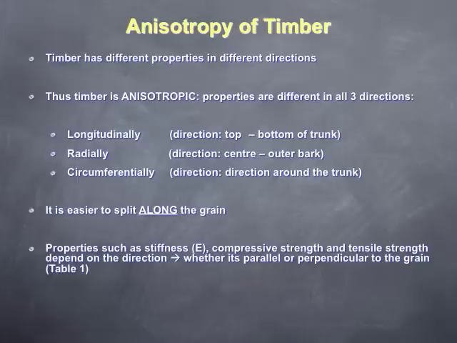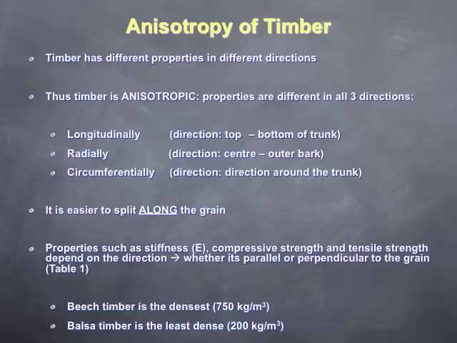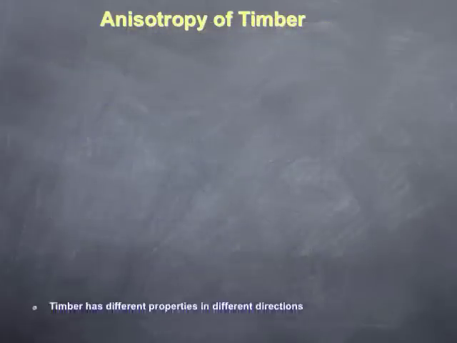So the properties such as stiffness, compressive strength, and tensile strength depend on the direction that we cut the timber, whether it's parallel or perpendicular to the grain. Now, as also shown on the table, beech timber is the densest at 750 kilograms per meter cubed, and balsa timber is the least dense.